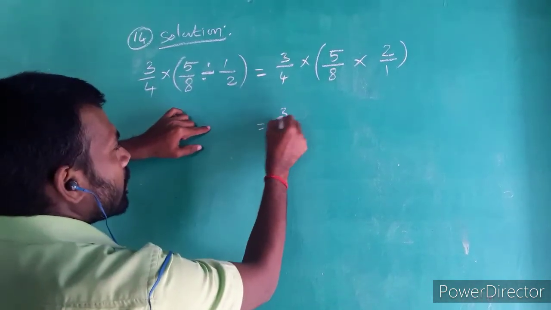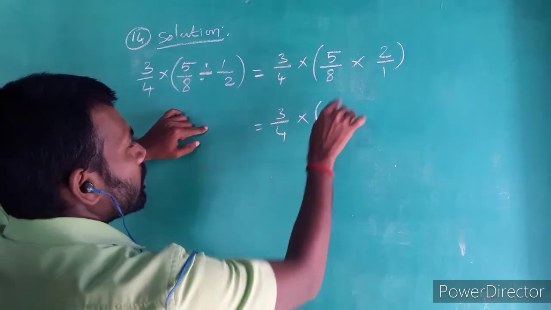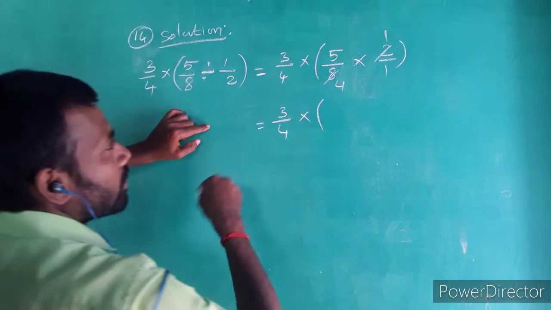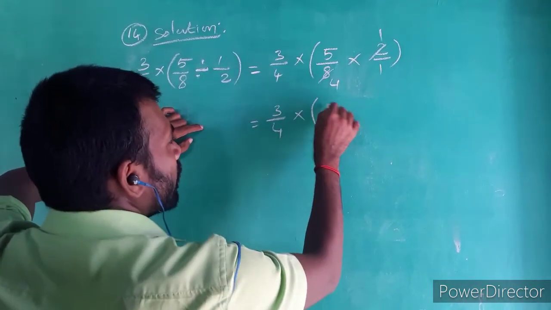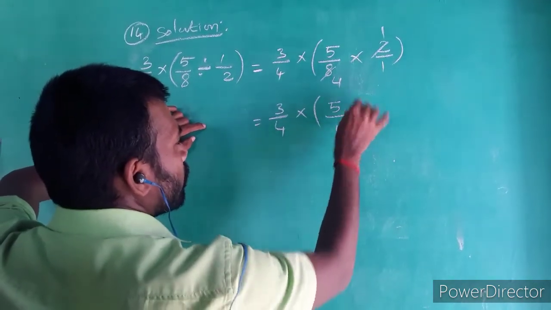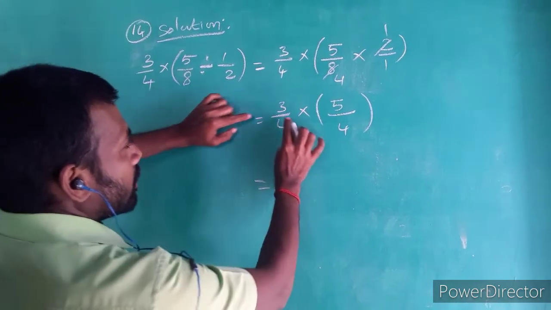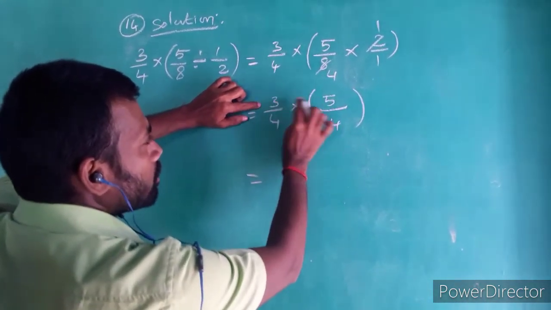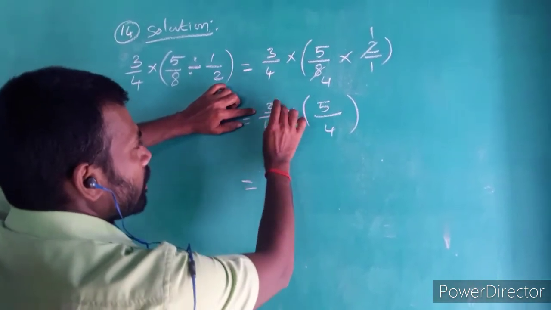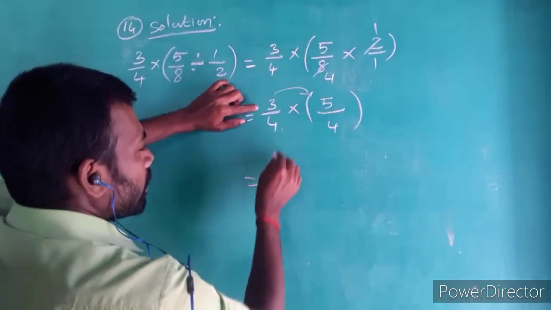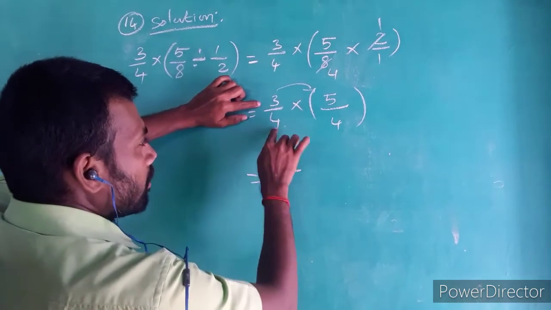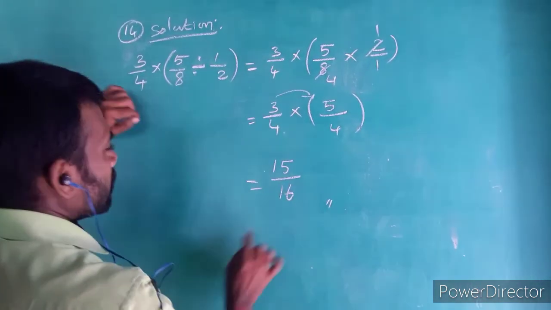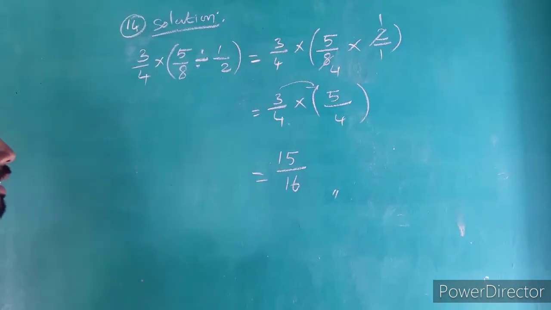Next, 3 by 4 into, crosswise cancel, 1 times; 4 times 8, 1s are 5, 5 by 1s are 4, 4. Next multiply these two numbers, the corresponding values: numerator by numerator, denominator by denominator. So 3 into 5 is 15, by 4 into 4, the answer is 16. This is the standard form. Therefore the answer is 15 by 16.